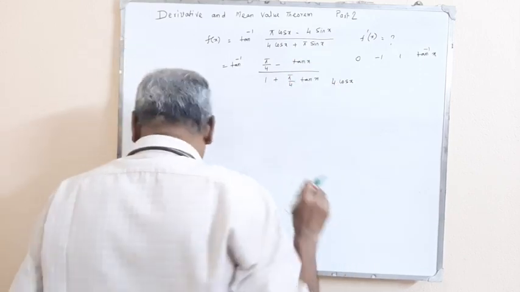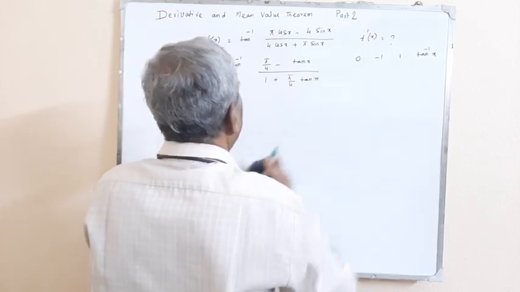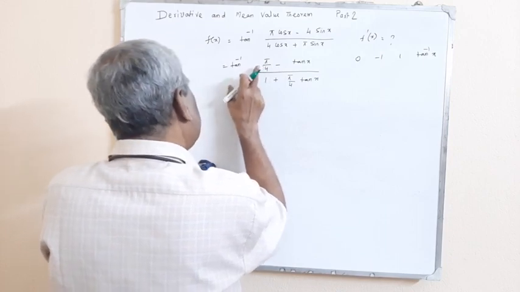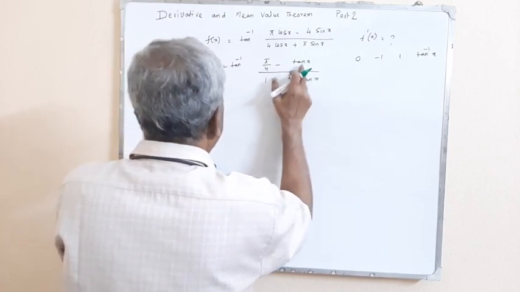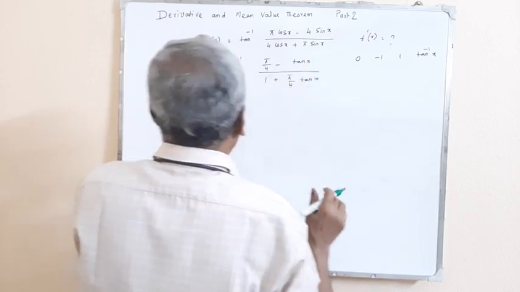Now it becomes a formula. It is (pi by 4 minus tan x) by (1 plus pi by 4 into tan x).